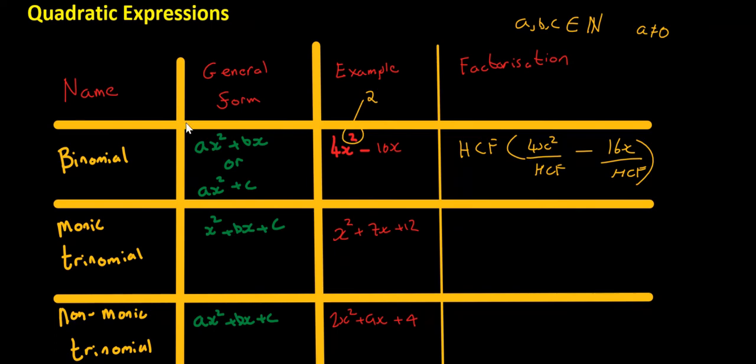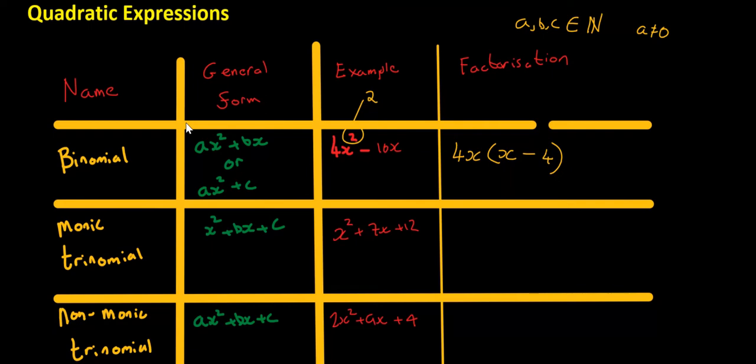They do it by inspection, and that's how I would encourage you to do the factorizations. Now the highest common factor of 4 and 16 is 4. The highest common factor of x squared and x is x. And we can check to see if we're right by using the distributive law to multiply out.